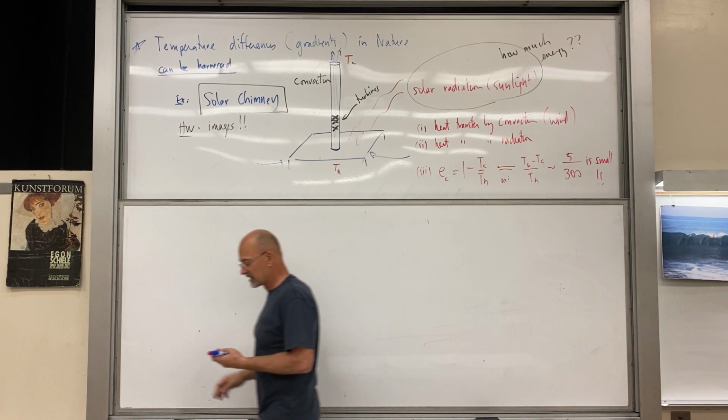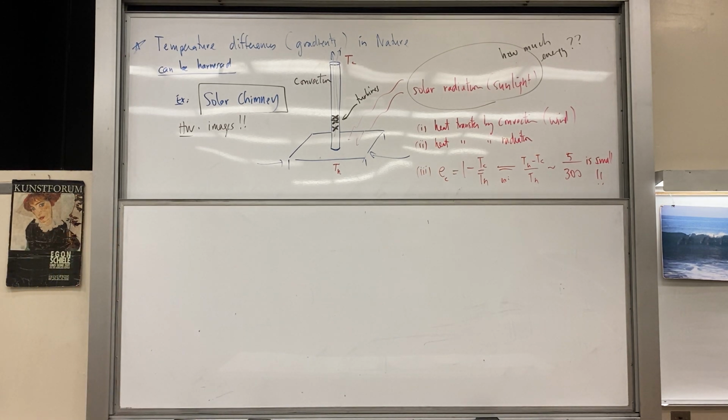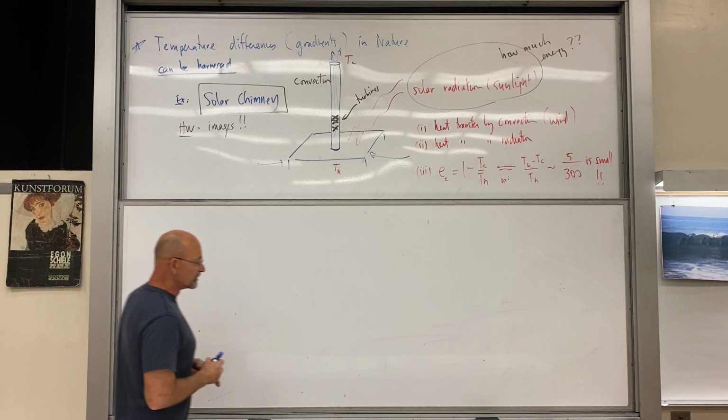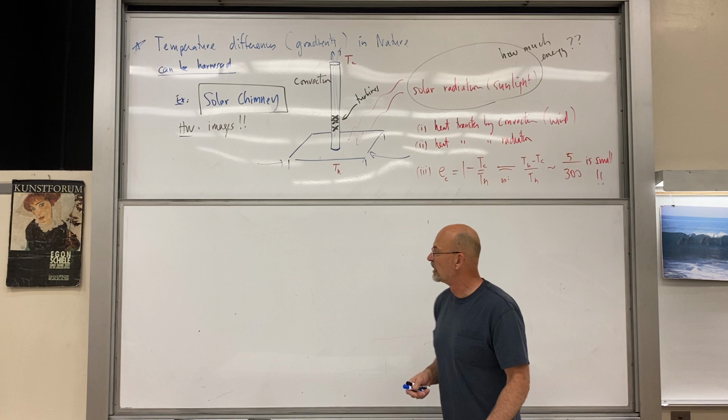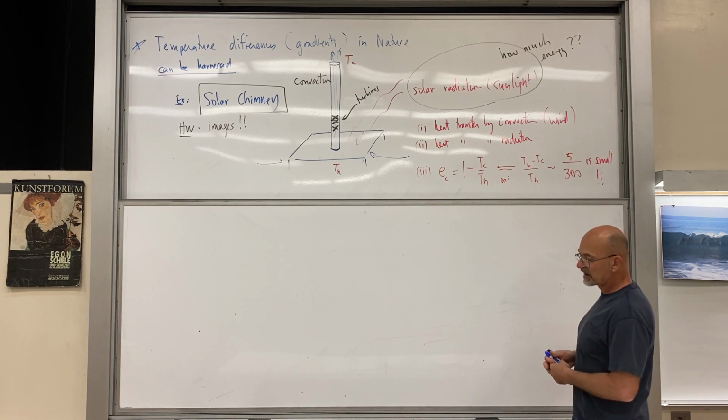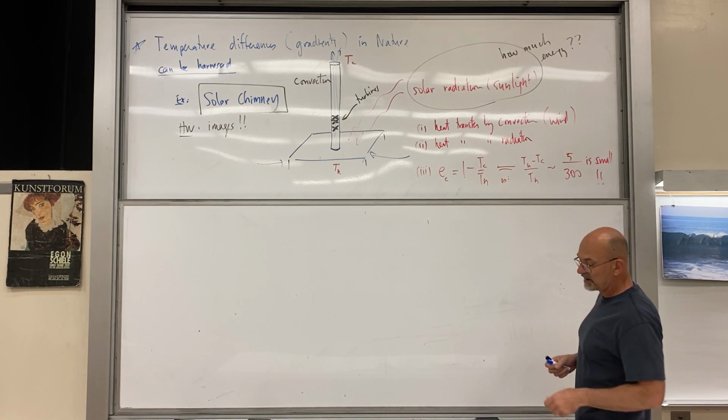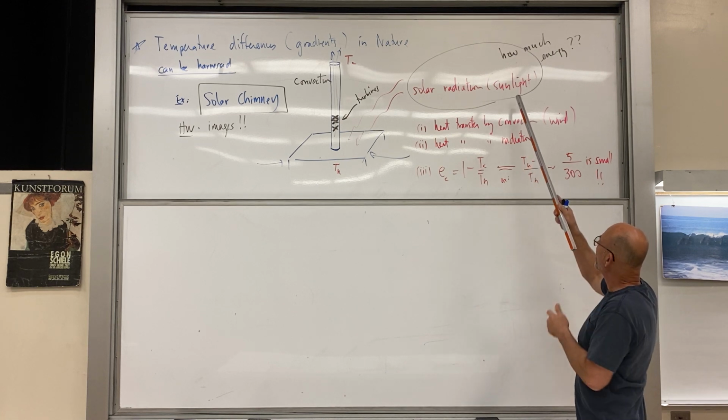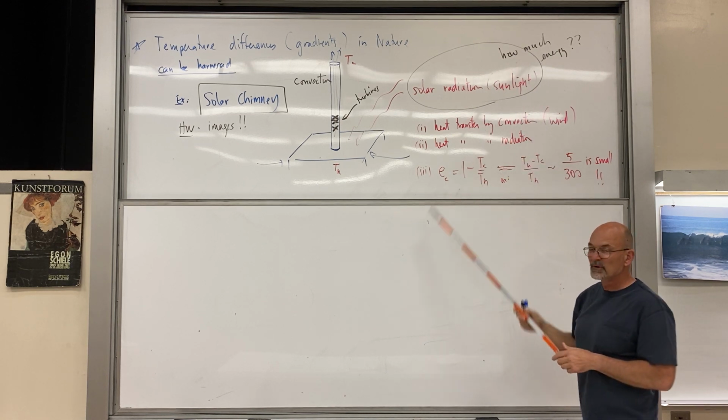So once again, get some pens here. Good, we have the word solar up there on the board. So what we're looking for now is how much energy is available from sunlight.